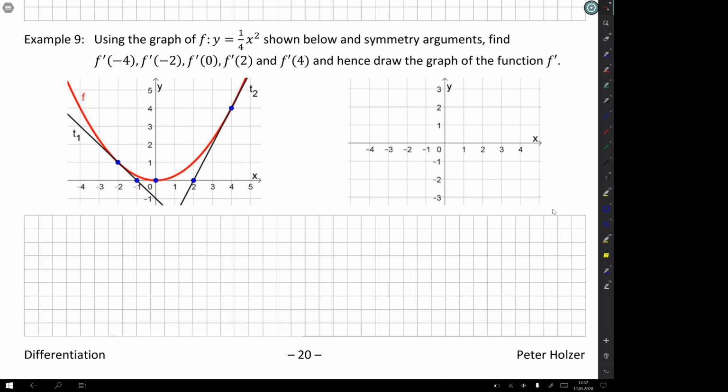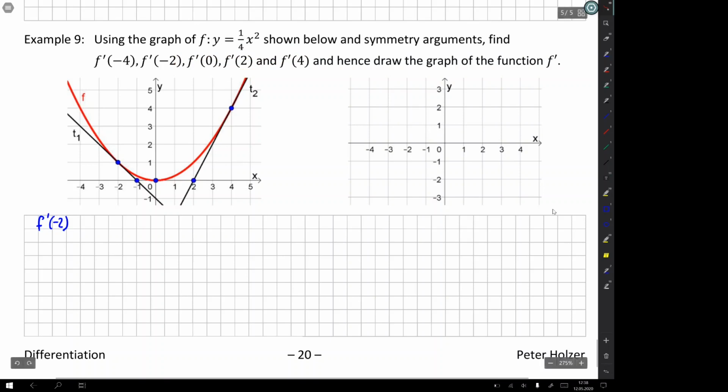So here the graph of f is shown, and also some tangents, namely the tangents in the point with x coordinate 4 and in the point with x coordinate -2. And so we want now to read off graphically the values f dash of -4, f dash of -2, and so on.